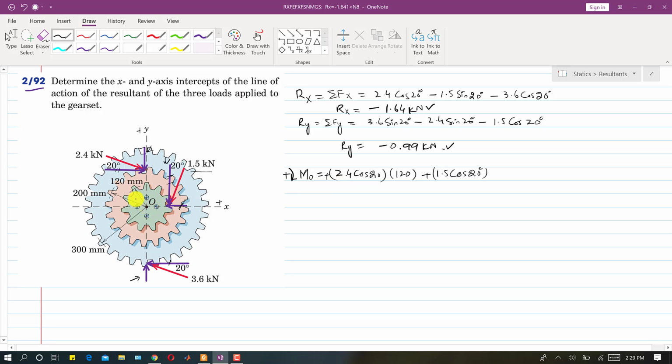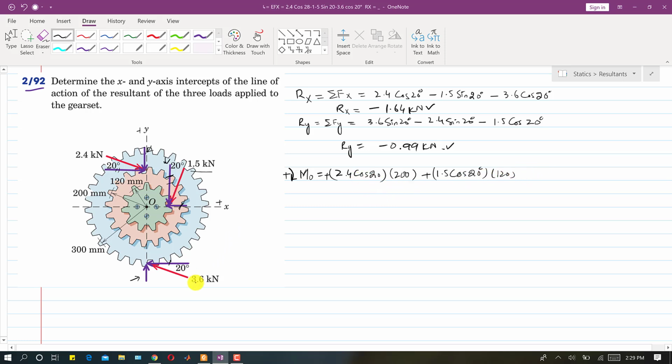The perpendicular distance of this component is the radius of the middle gear, which is 200 mm.